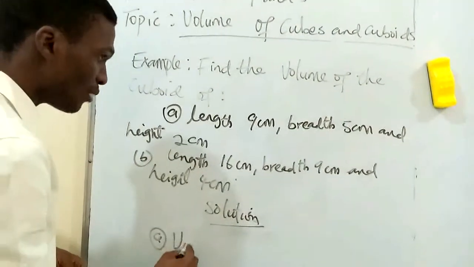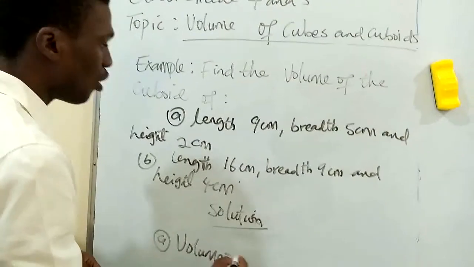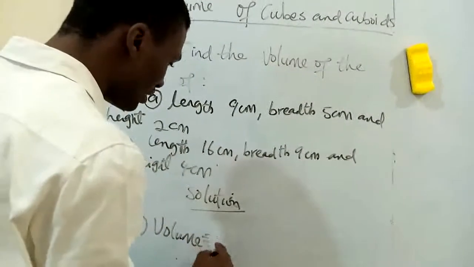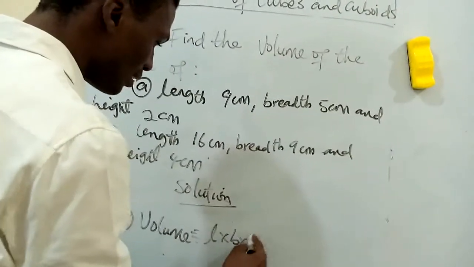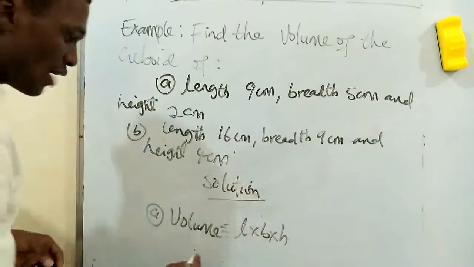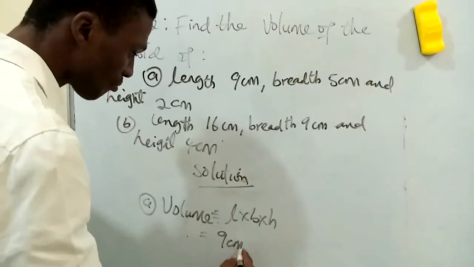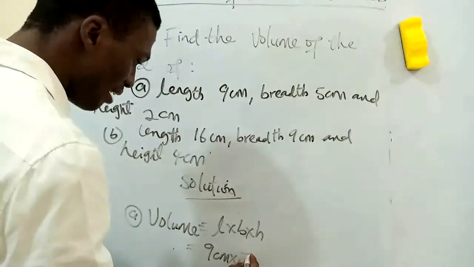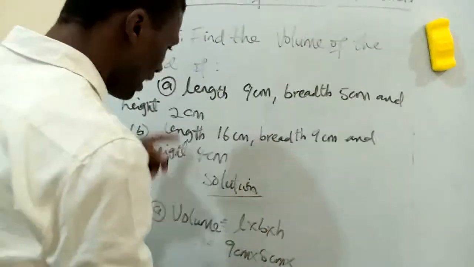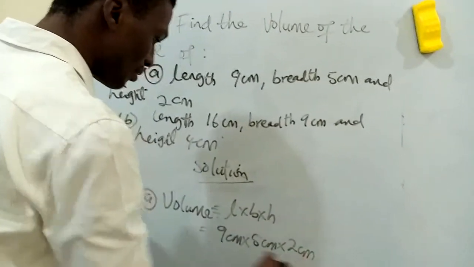So we apply the formula for calculating the volume of a cuboid, and we say it's length times breadth times height. We have our length as 9 cm, our breadth as 5 cm, and our height as 2 cm.